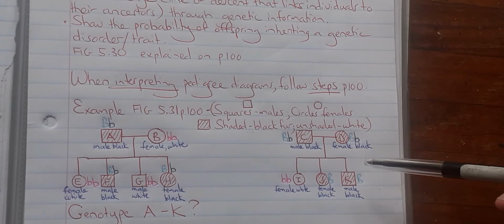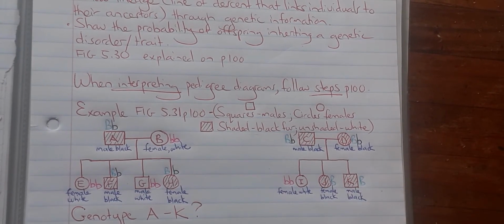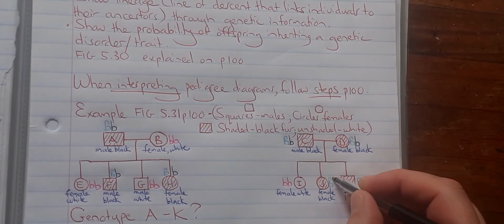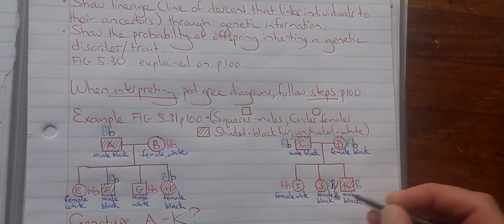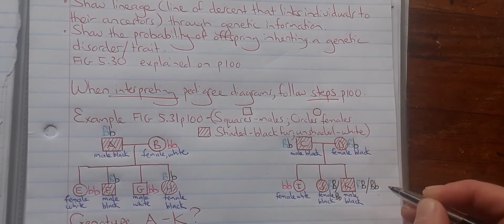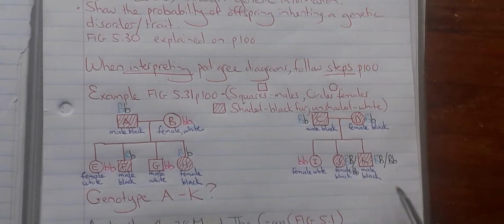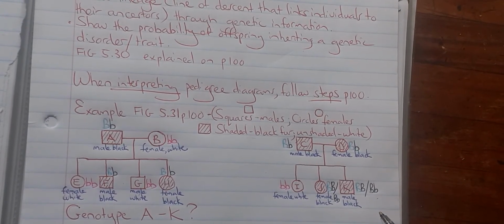Right. Then these two, we will not know. They will either be 2 big B's or big B, small b. Okay, so those are the 2 unknowns, but the rest we know by following those steps.